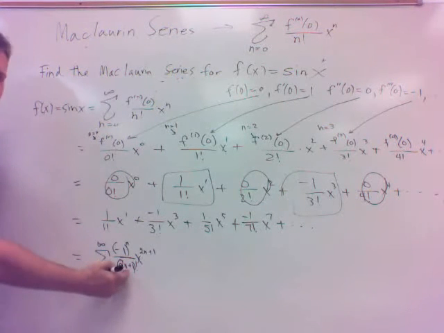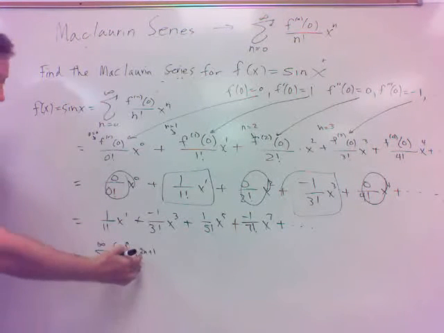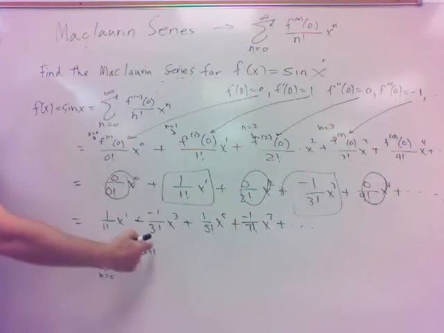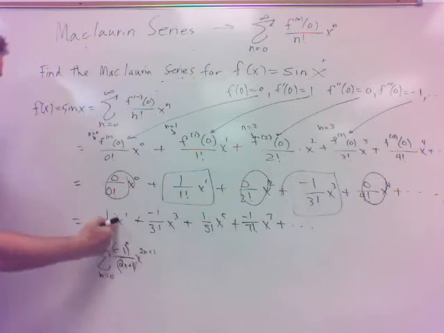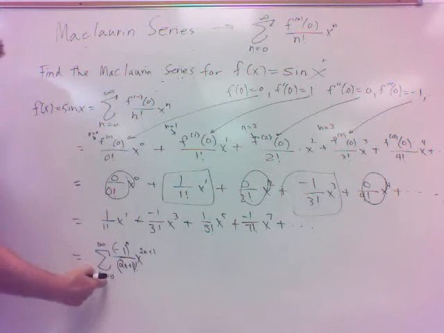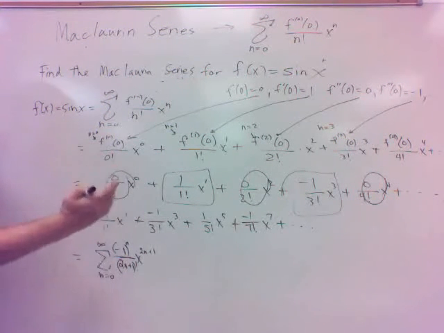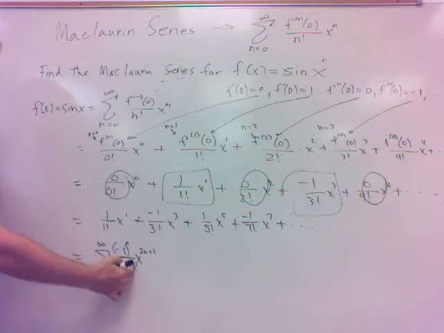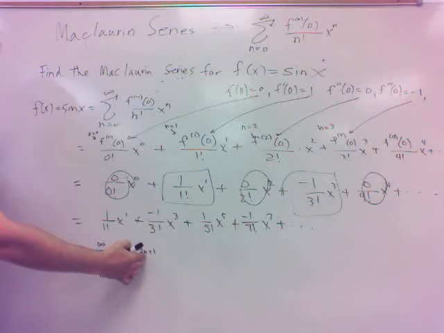Because at n equals 0, that's 2 times 0 plus 1, that's 1 factorial, x to the 1, right? The first term would be that, wouldn't it? At n equals 1, the second term, well, it would be 2 times 1 plus 1, which is 3 factorial, x to the third.